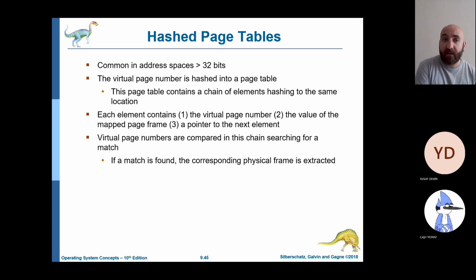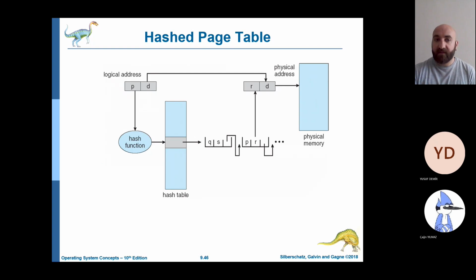Each entry in the hash table contains a linked list of elements that hash to the same location, to handle collisions. Each element consists of three fields: the virtual page number, the value of the mapped page frame, and a pointer to the next element. So based on that we can create a hash table like that.